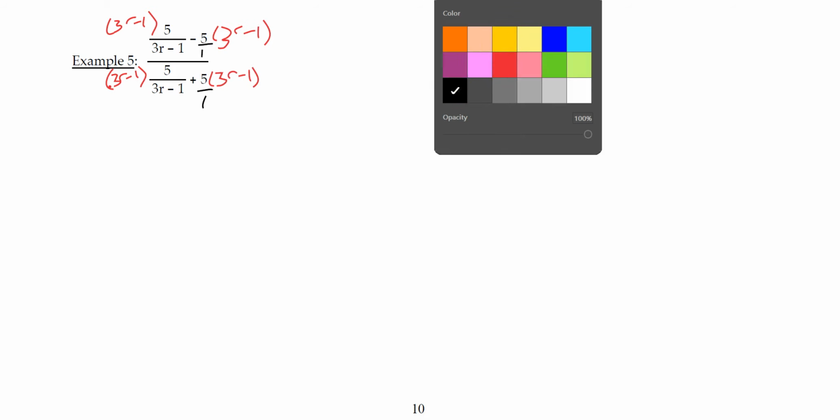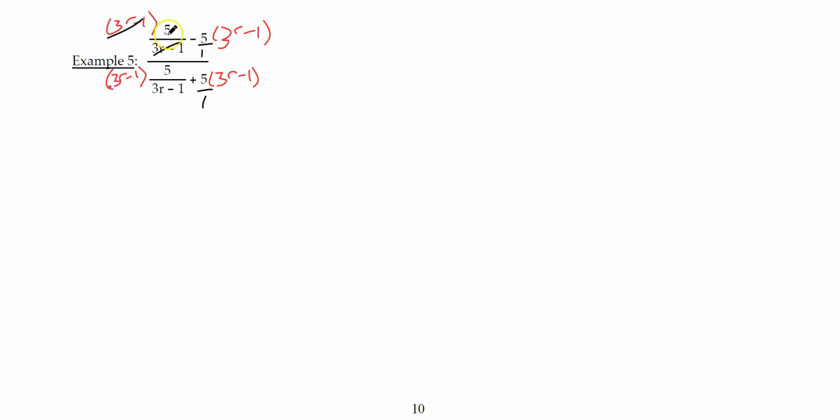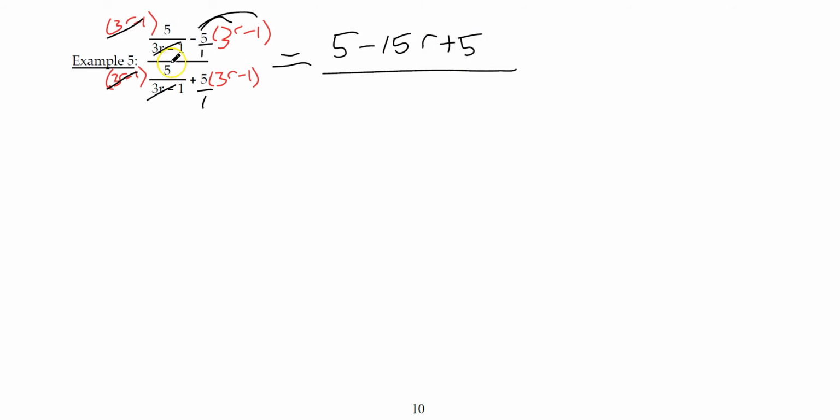And the effect of that will be to reduce the little mini fractions, leaving us just 5. Here I'm going to distribute that minus 5, so it's minus 15r and plus 5 on the top, and 5, and distribute the positive 5 on the bottom, plus 15r minus 5.